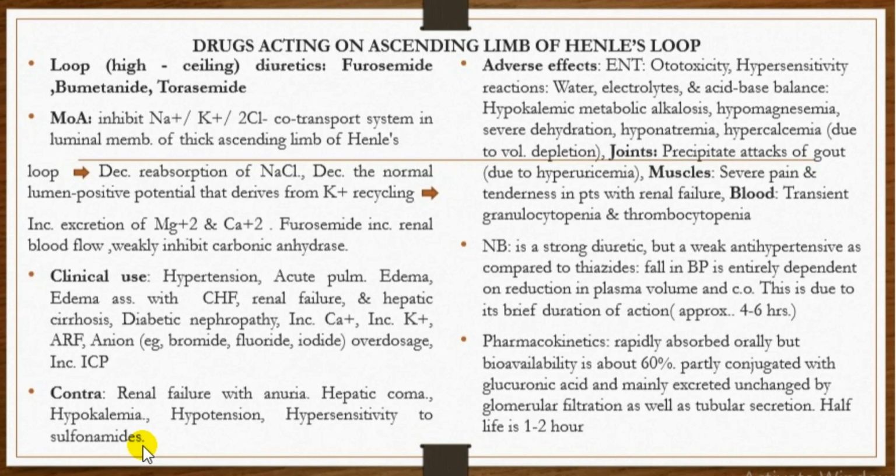This is because furosemide leads to the secretion of potassium from the body, and since potassium is leaving the body in large quantities, it leads to a deficit of potassium, being the hypokalemia. And this is the most significant problem that we see.